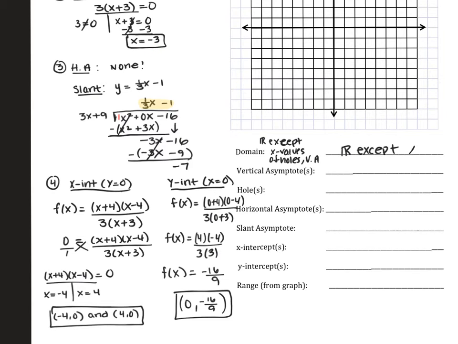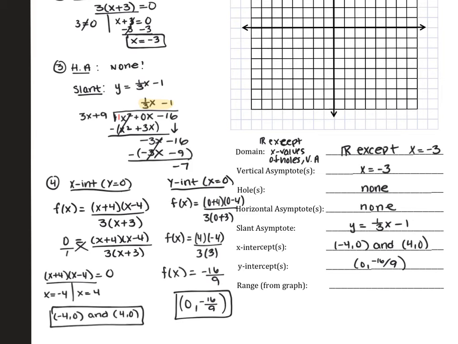So all real numbers except for x equals -3. So then that's my vertical asymptote. We didn't have any holes. We didn't have any horizontal asymptotes, but we did have a slant of y equals 1/3 x minus 1. My x-intercepts were -4, 0 and 4, 0.